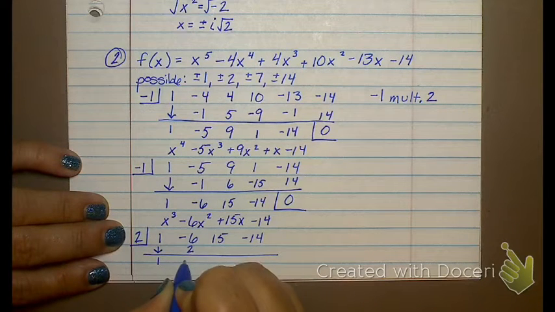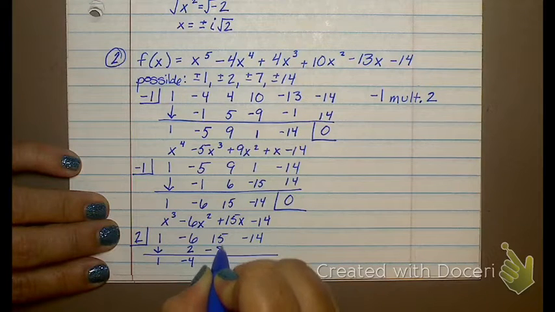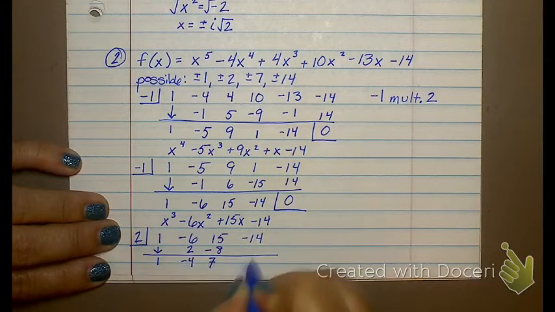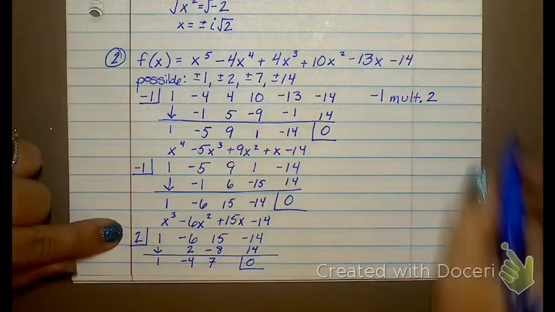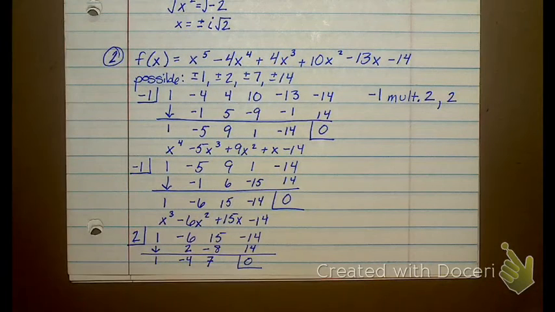Negative 6 plus 2 is negative 4. 2 times negative 4 is negative 8. 15 minus 8 is positive 7. 2 times 7 is 14. And there's my 0. So 2 is another of my answers. So? Do you follow what I've been doing so far?